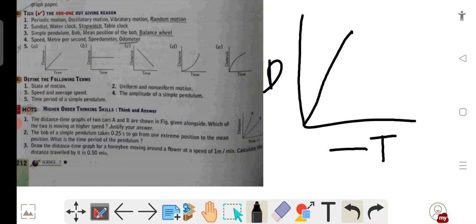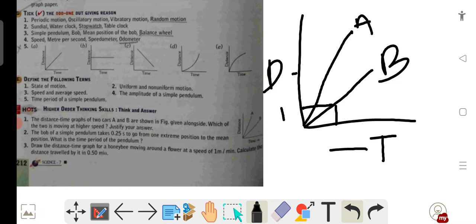Here this is car A, this is car B. If we consider a time like this, then at this time the distance traveled by B is this. If we consider 1, 2, etc., then at this time the distance traveled by A is equal to this.